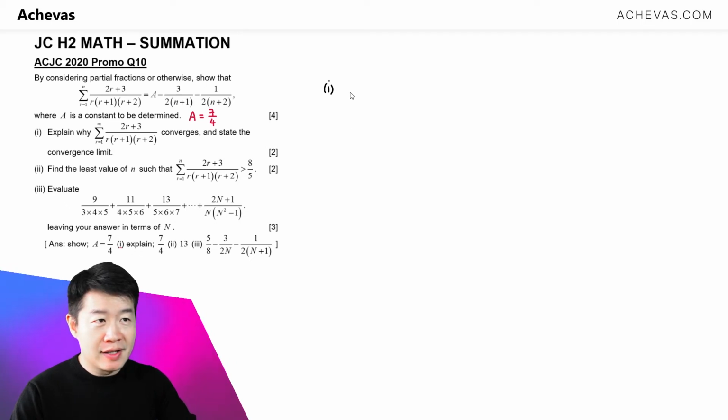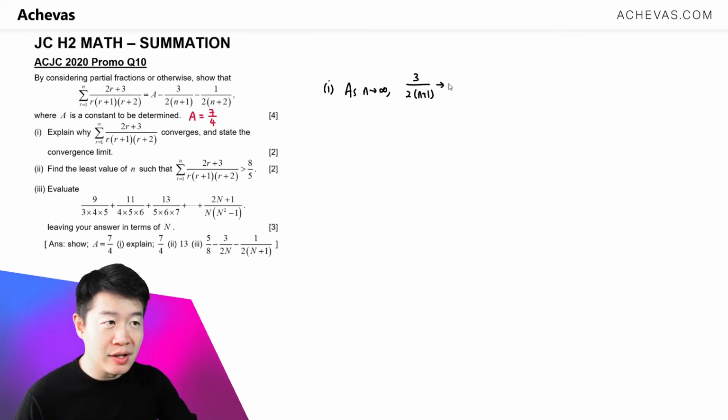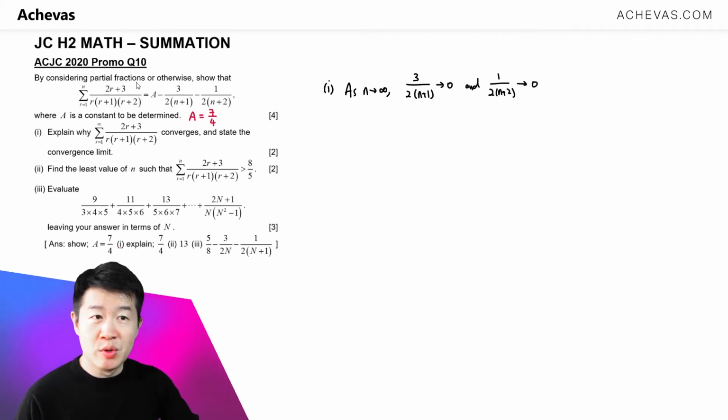As n tends to infinity, 3 over 2 of n plus 1, when n goes to a very big number, is going to tend to 0. And 1 over 2 of n plus 2 will also tend to 0, which means that we're going to be left with just a finite value a, which is 7 over 4.